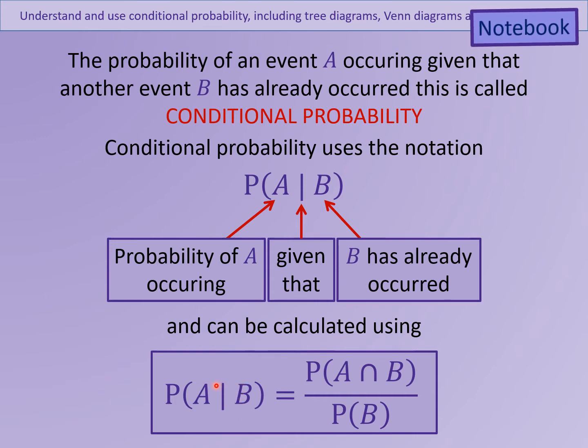Now, one way of thinking about it is look at this as a lazy fraction. There's your numerator divided by your denominator. Your numerator is your A and B divided by the probability of B. So you want to think of it a bit like that. A and B, given that, probability of B. All right, pause there. Make sure you got down what you need in your notes.